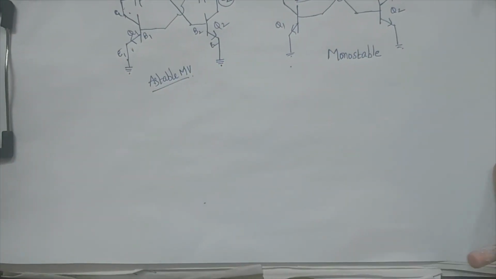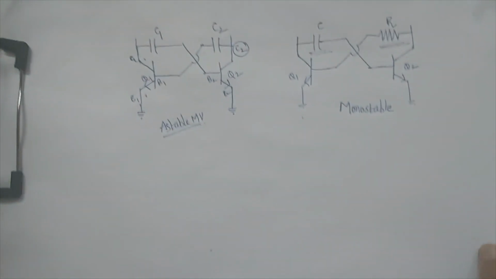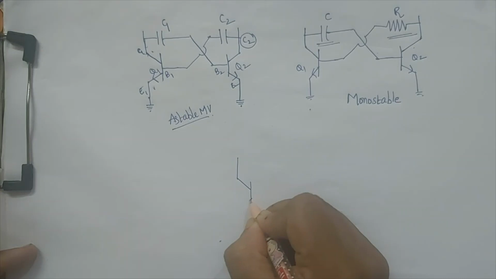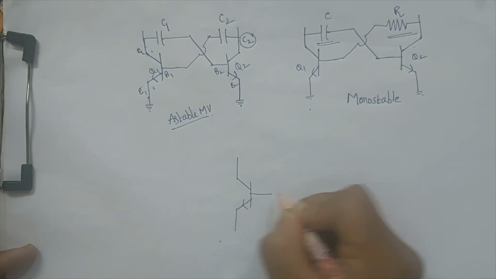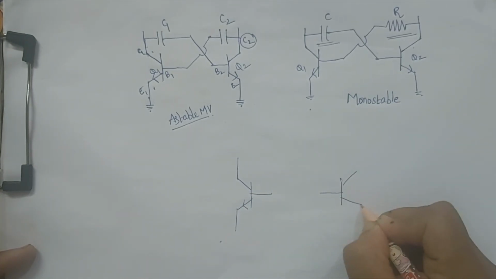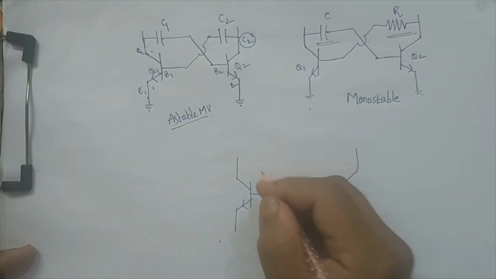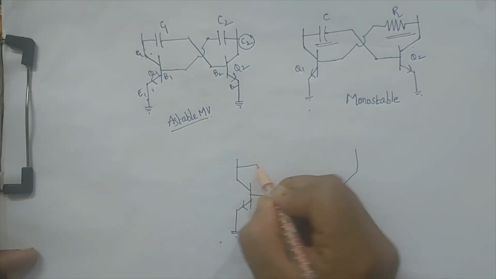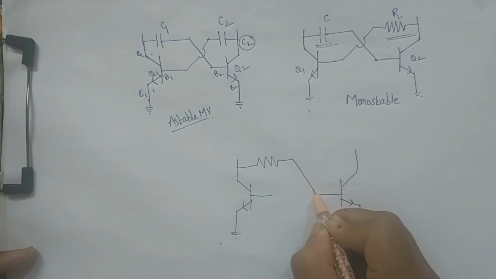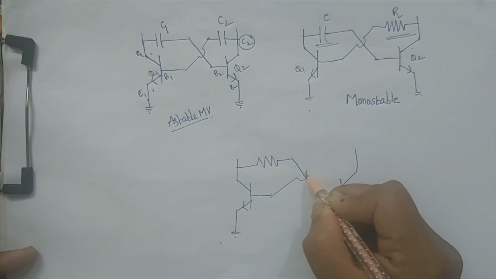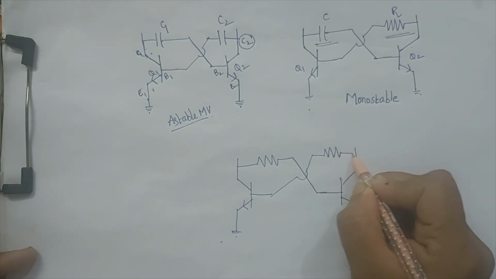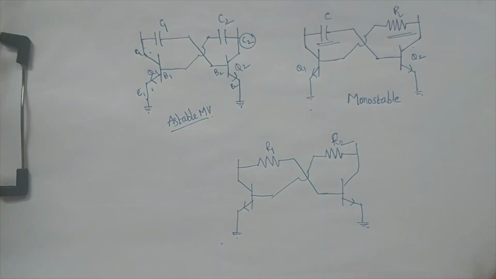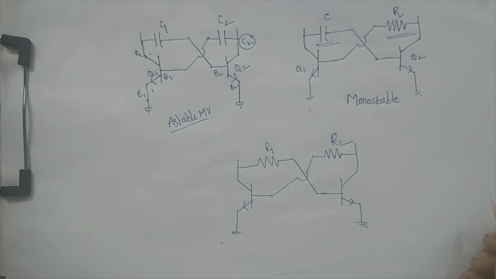Now draw bistable. Emitters should be grounded. Both coupling elements are resistors, R1, R2.